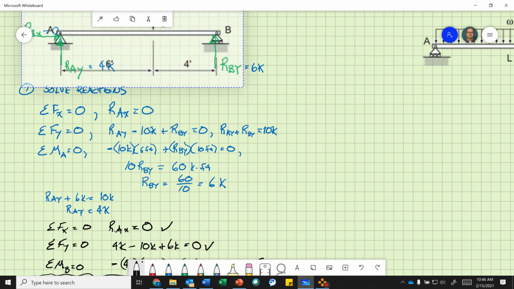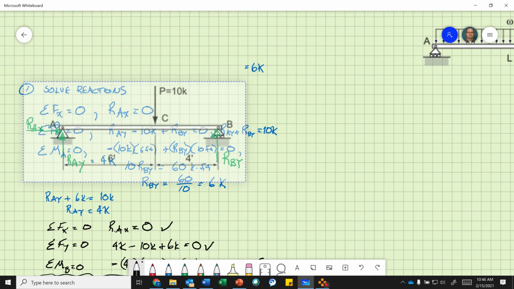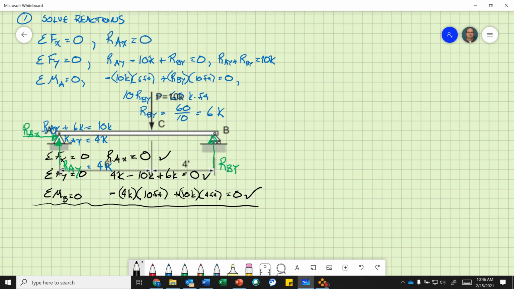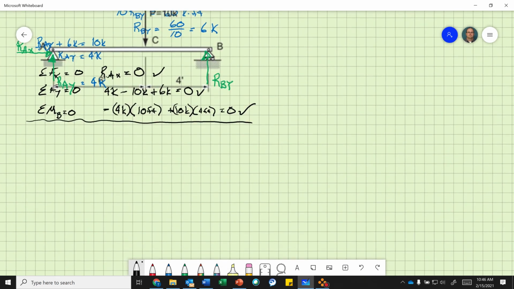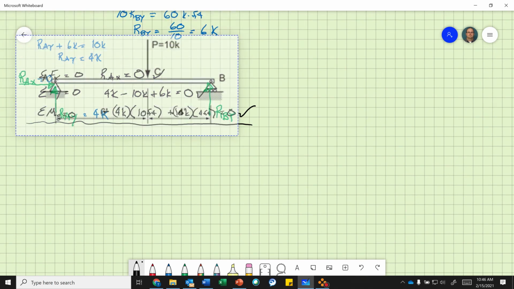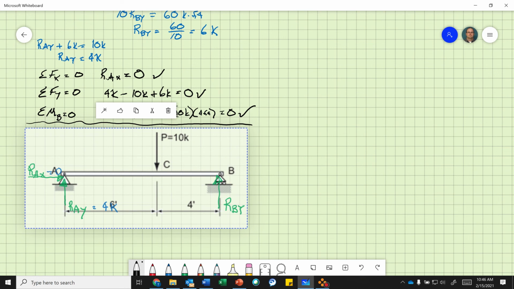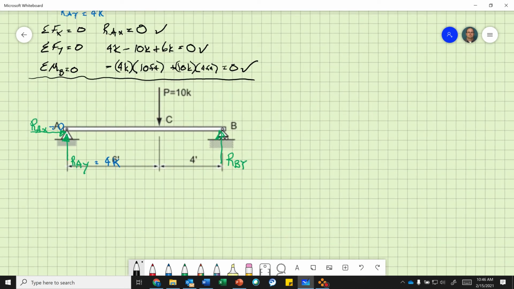And let's see if I can actually move this down so we can see what's going on, which is really cool. All right.